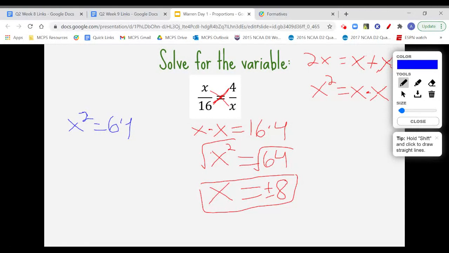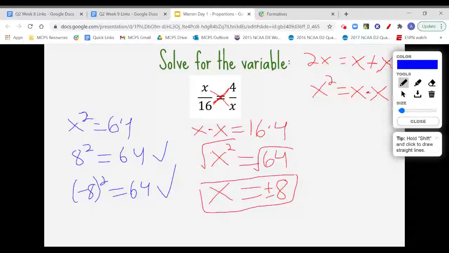Well, the answer to that was 8 because 8 squared equals 64, right? That's a true statement. But if I were to plug in a negative 8 for x, negative 8 times negative 8 is also positive 64. So since both of those work out in the context of this example, those are both possible answers. And so we write that as x equals plus or minus 8 to indicate that it could either be a positive or a negative 8.